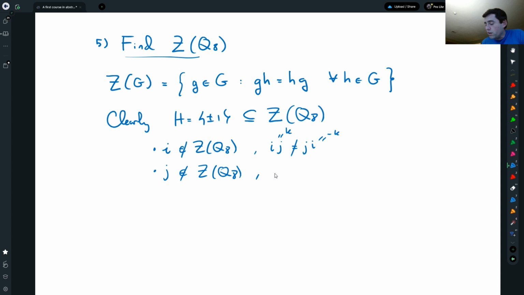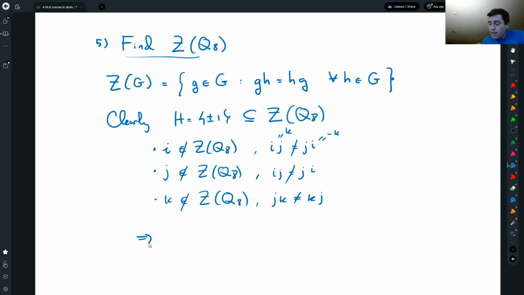The same reason tells me that ij is not ji, so that cannot be in the center. And similarly, k cannot be in the center of Q8, because, for example, j times k is not the same as k times j. Therefore, there cannot be i, j or minus j, k or minus k in the center.